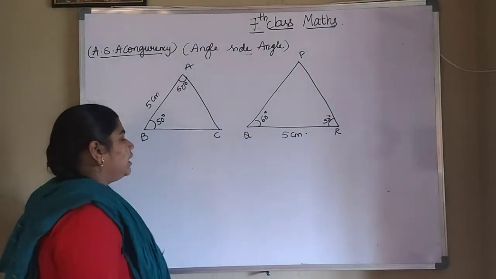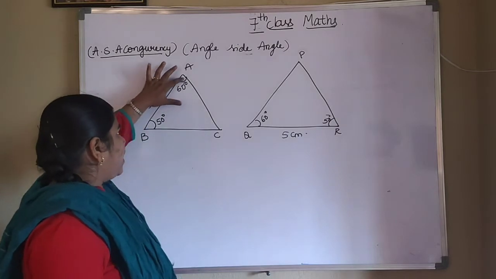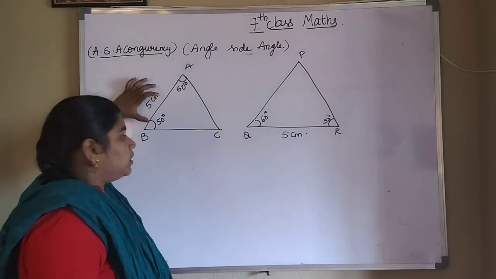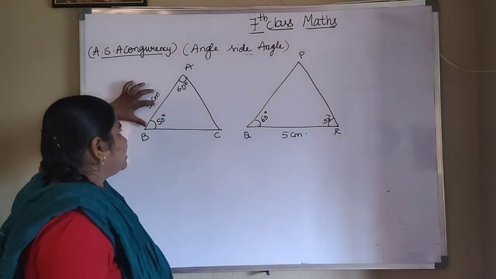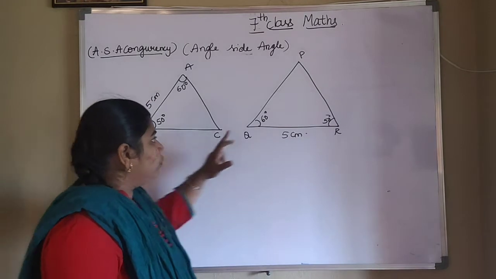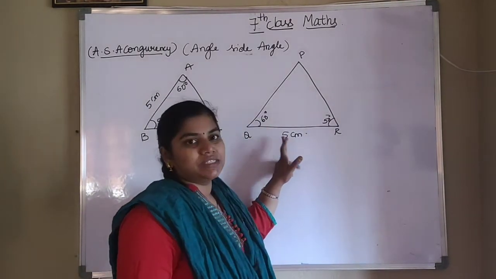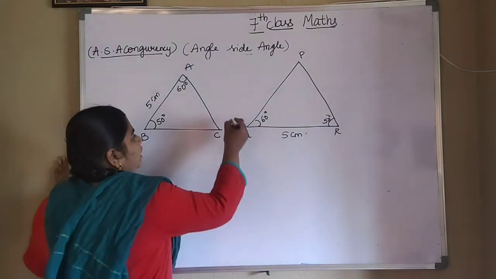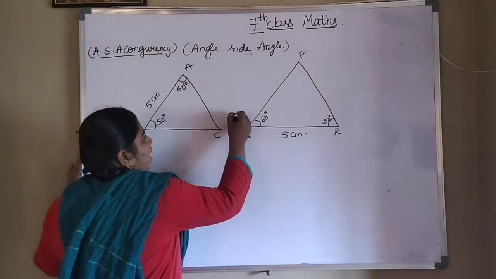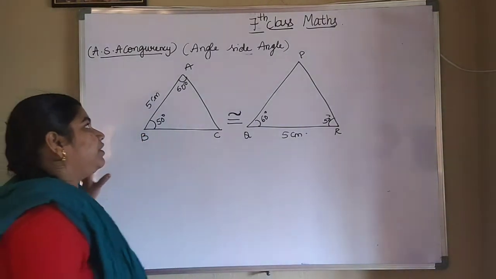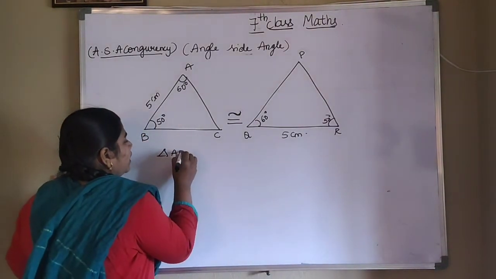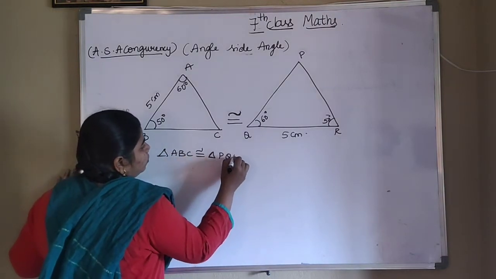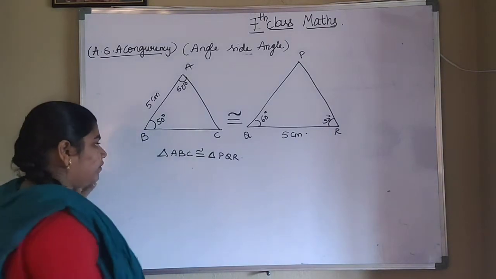I have given two angles, and the side included between these two angles is this side. Two angles and the included side are congruent to two angles and the included side in the corresponding triangle. Whenever these are equal, then we will say it is a congruent triangle. Then we can say triangle ABC is congruent to triangle PQR.